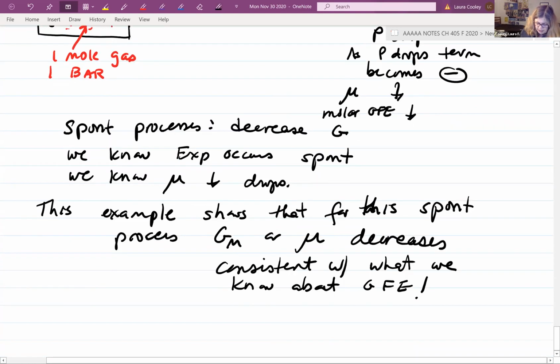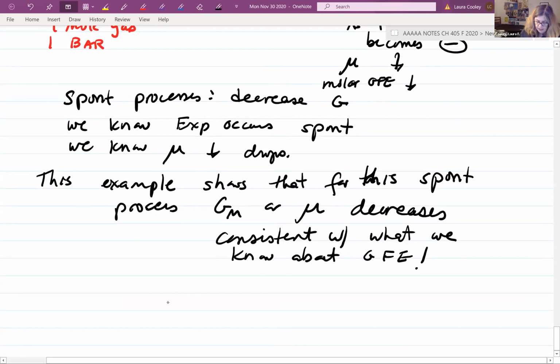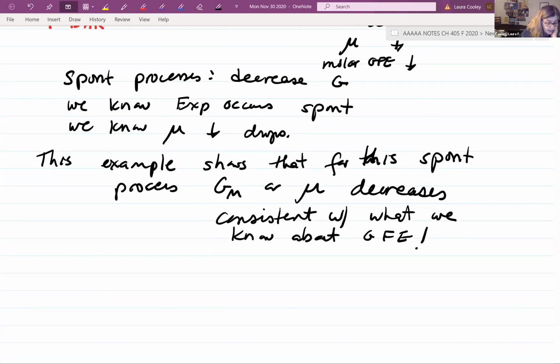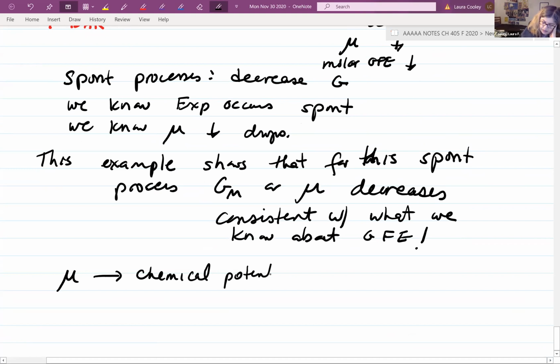So this molar Gibbs free energy, this mu, this new variable, we call this the chemical potential. And when you have a pure substance, which is what we've been talking about, right?